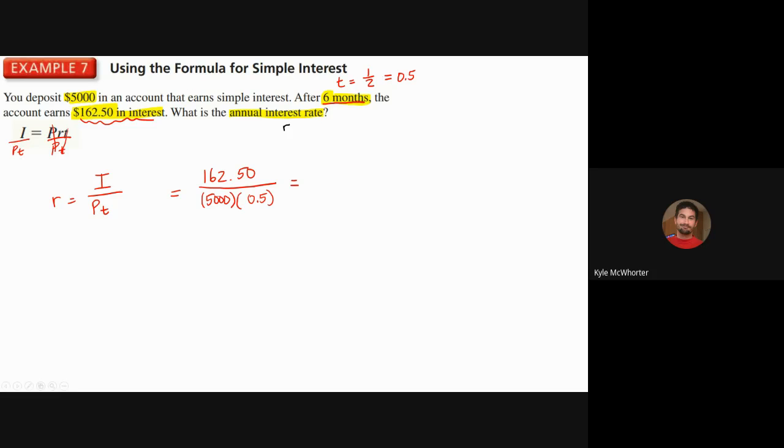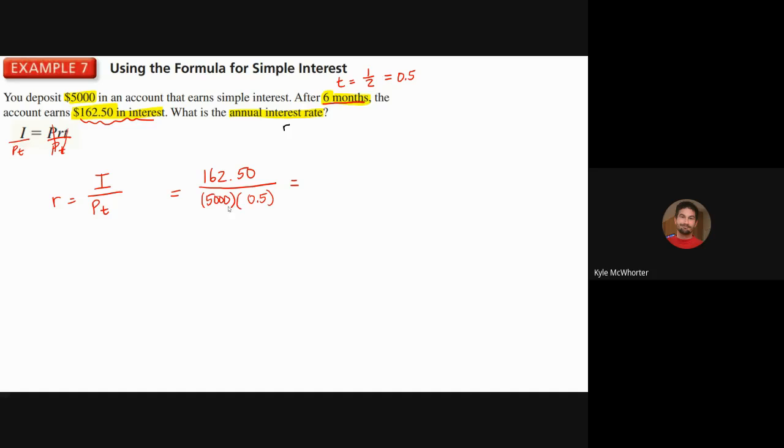And then we can just get our trusty handy dandy calculator. Oh, you probably can't even see the calculator, can you? Nope. So we're going to do 162.5. Actually, you know what we'll do just to make it a little easier, because not all calculators do the order of operations.